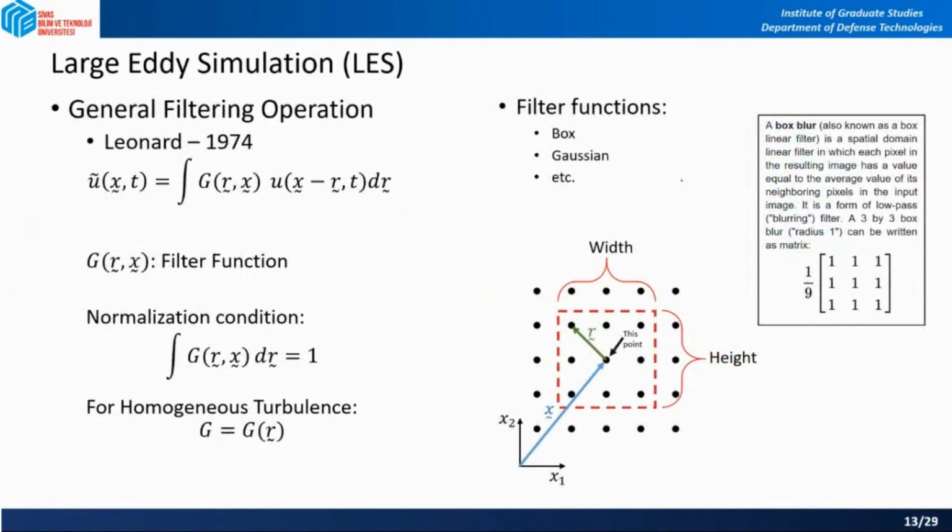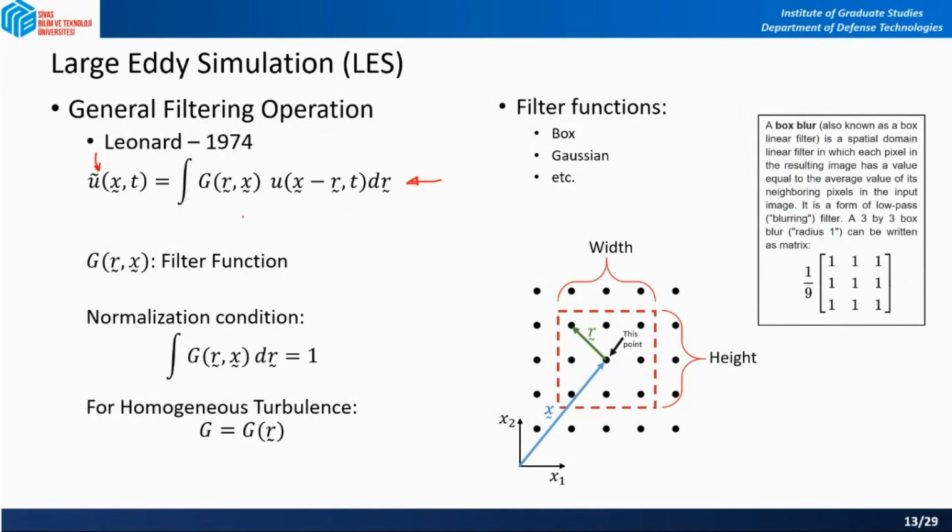Okay, general filtering. This was, in fact, first introduced by Leonard back in 1974. The idea is to obtain the filtered instantaneous velocity field, u tilde, through the mathematical operation that I'm showing here.